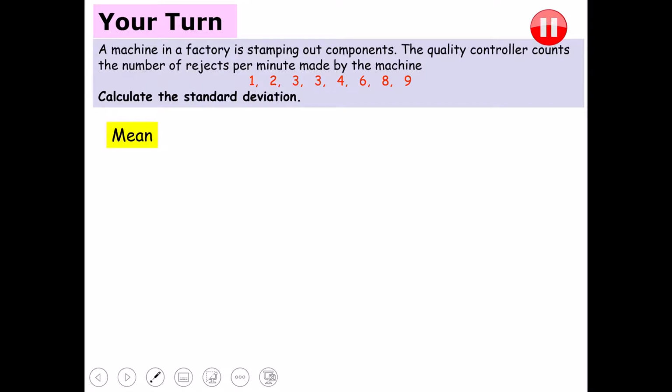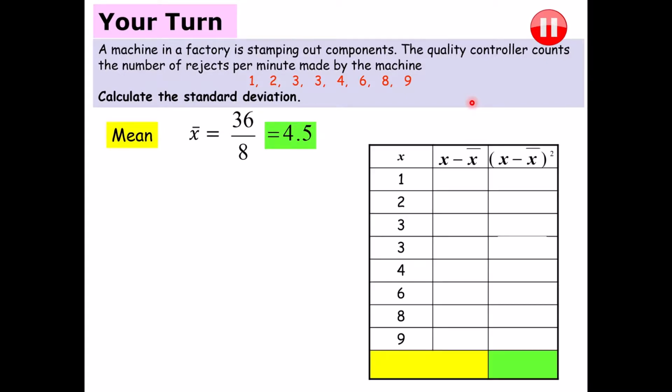Okay, hopefully you've unpaused and managed to give that a go. First off, we're going to calculate the mean by adding all those terms together and dividing by how many there are. So there are 8, to get 4.5. We're then going to start calculating our standard deviation, but before we do that we have to fill out this table. So we've got 3 columns, our x terms, and we've written them all in.